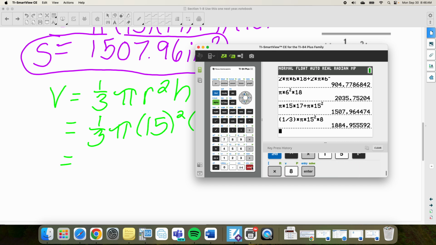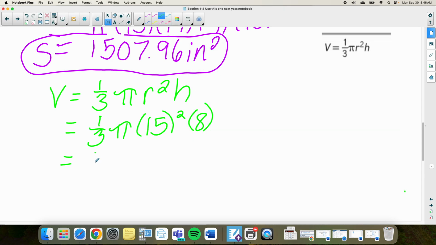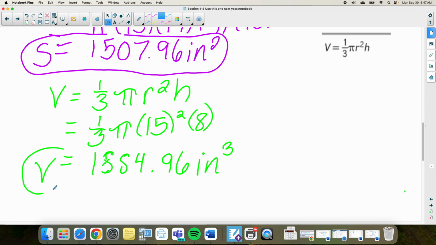Did you guys get 1884.96? Okay, 1884.96, and that's going to be in cubic inches. That is your volume.